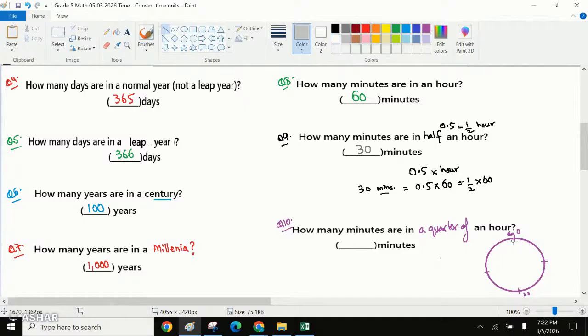When 60 is divided into 4 quarters, quarter hour means 4 parts, right? Each part would represent a certain number of minutes. If the total was 60, then this would be 15 minutes, this was 30, this was 45, and this was 60. A quarter of an hour is this part, 1/4. There would be 15 minutes.